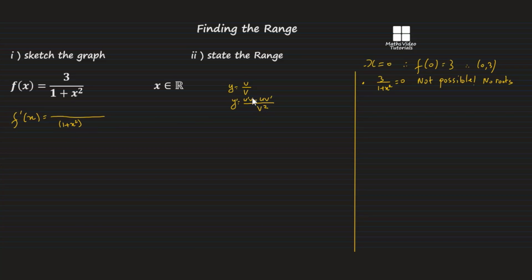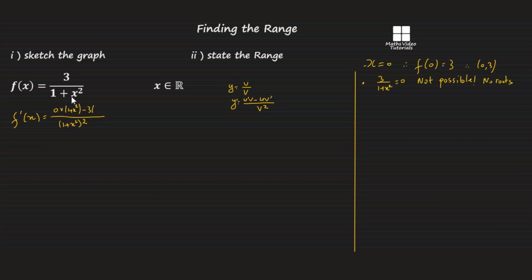And the derivative of the numerator is 0 in our case, times the denominator, which gives 0. Then minus the numerator, which is 3, times the derivative of the denominator.